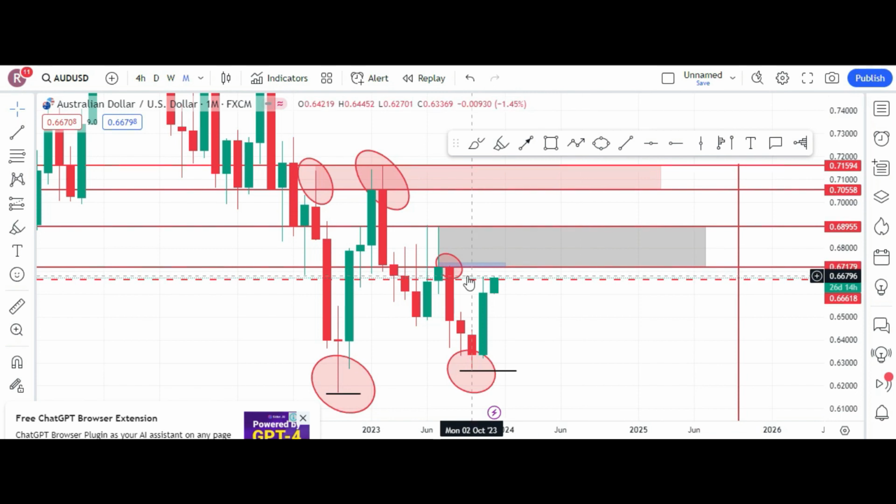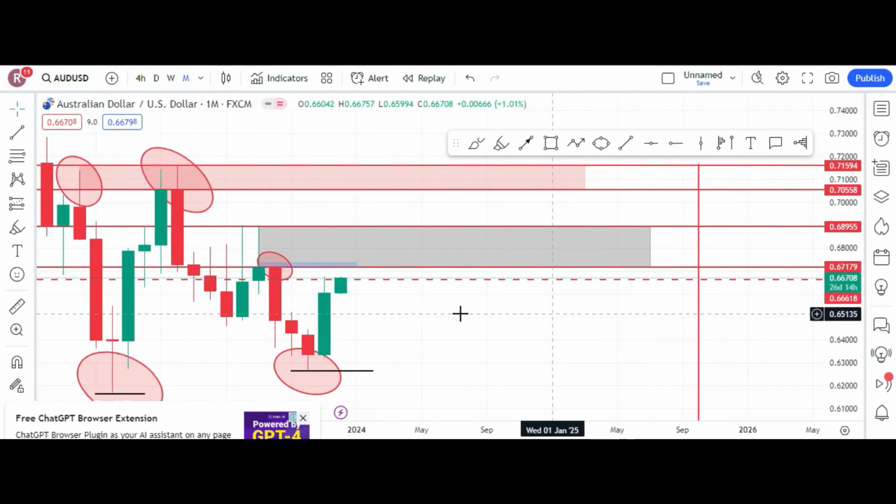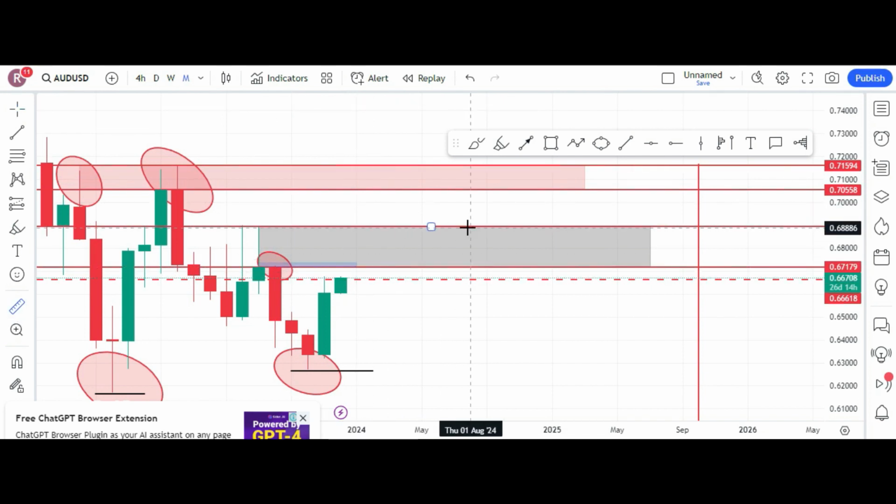There is a thing I should mention: this is a green candle and red candle, and if the price enters this zone, it will open this zone of the monthly double top. We need to be very careful here, because this is a very big zone, so anything can happen.